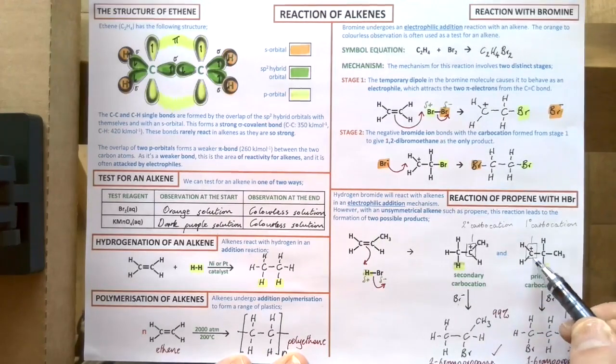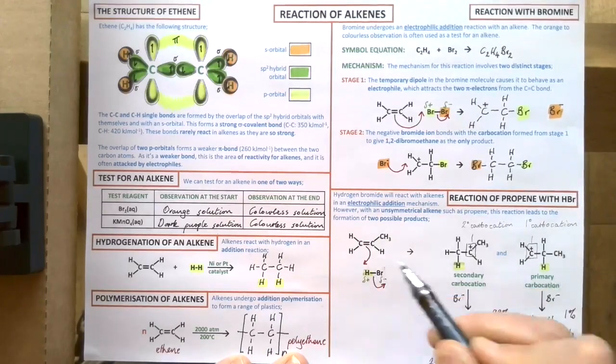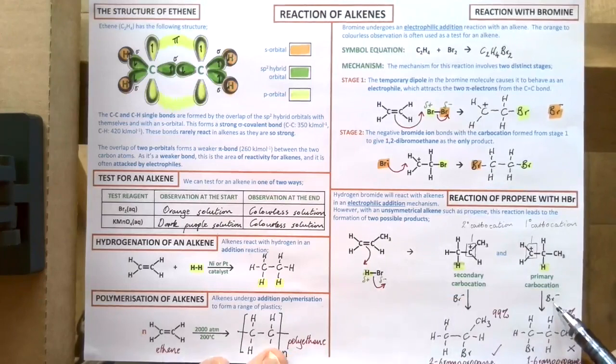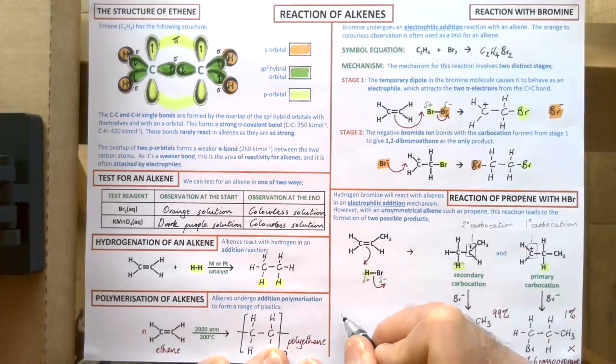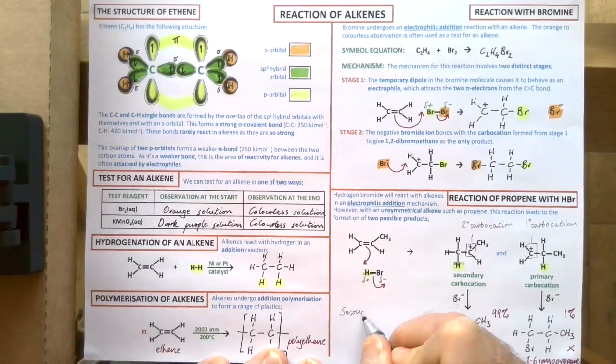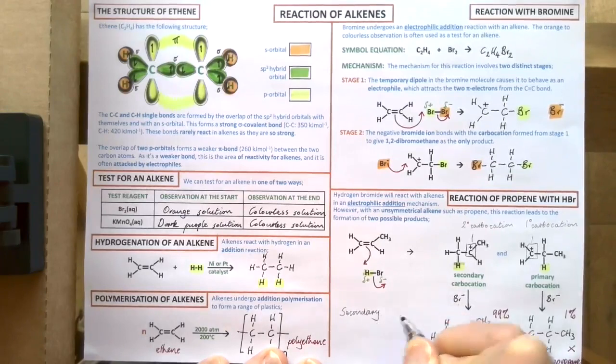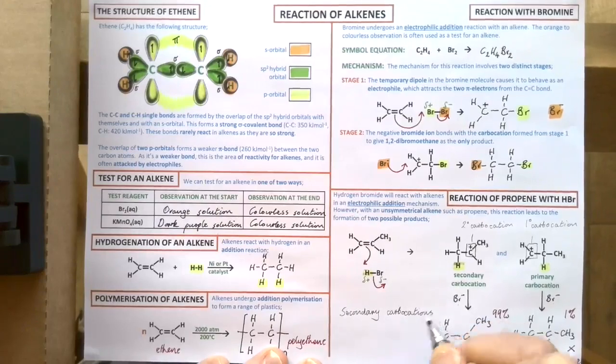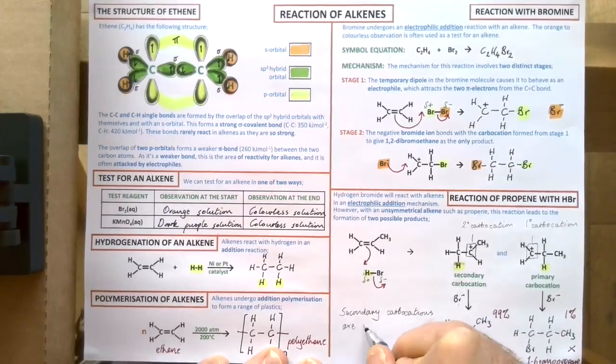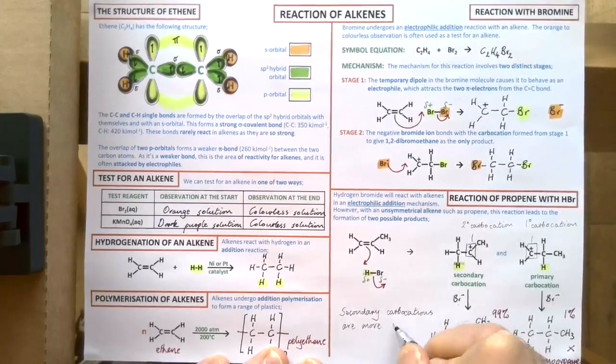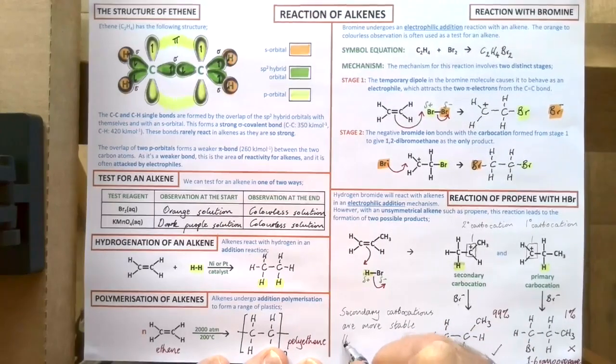Because if this is less stable, it's probably going to go back to here and the bromide doesn't get a chance to attach. So you get this 2-bromopropane because secondary carbocations are more stable than primary carbocations.